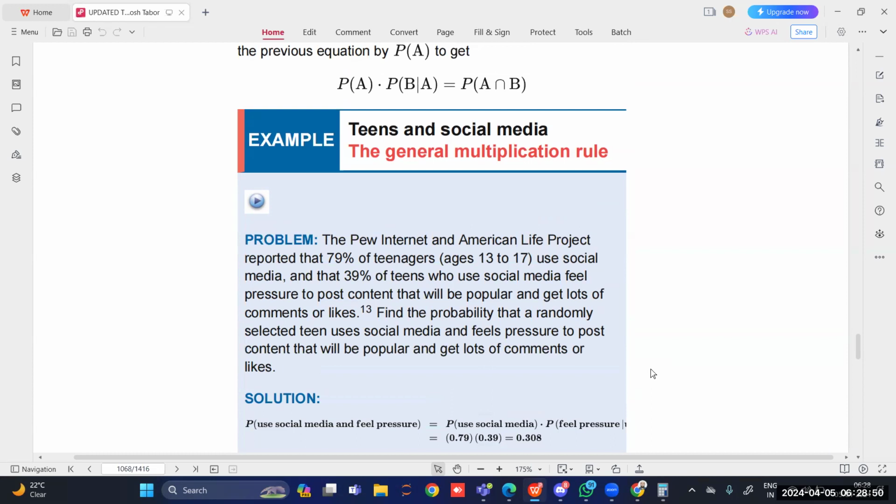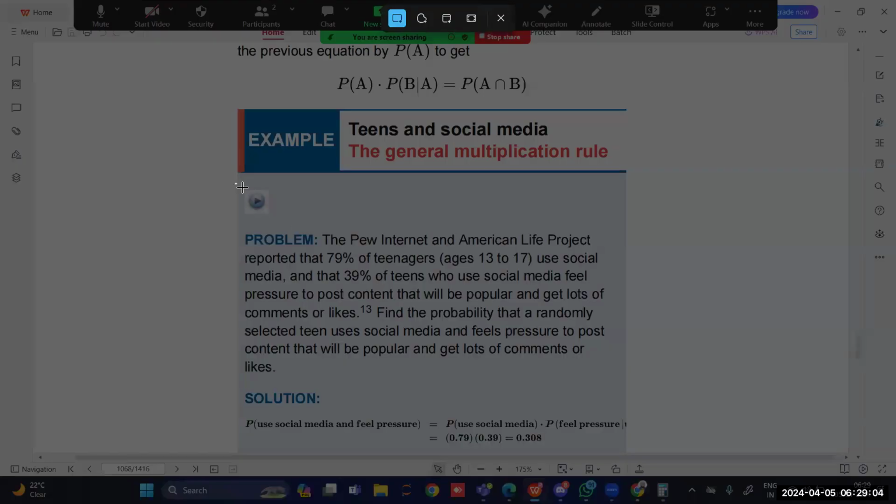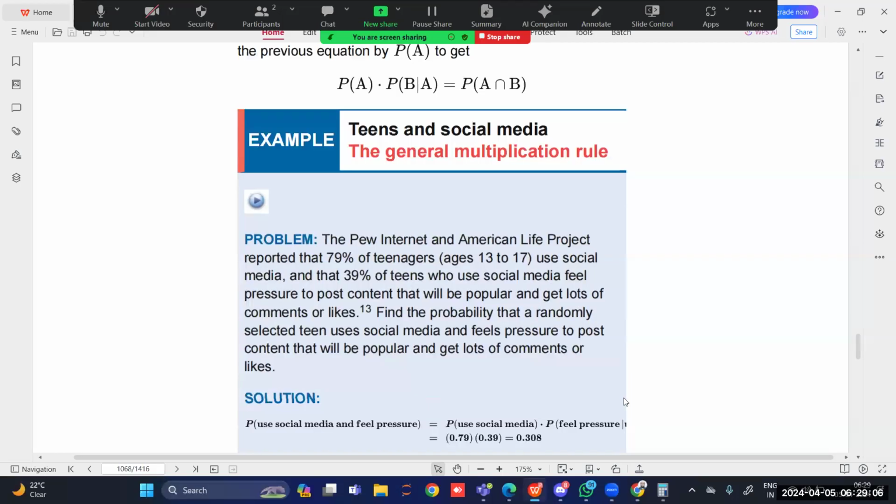The Pew Internet and American Life Project reported that 79% of teenagers ages 13 to 17 use social media, and 39% of teens who use social media feel pressure. So there is a condition here.